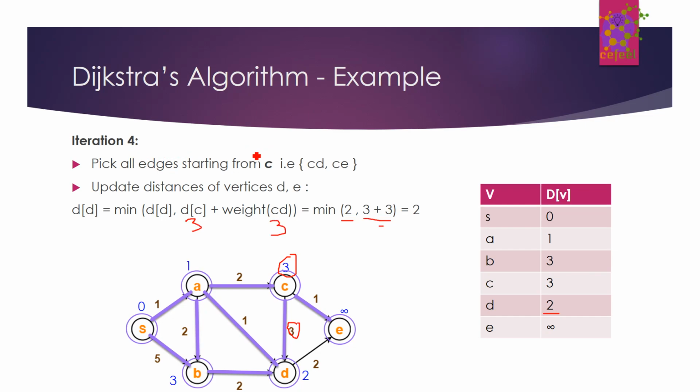So the newer path that we have found through C is of weight 6, but then our earlier weight was 2, which was much smaller, so we need not update vertex D.